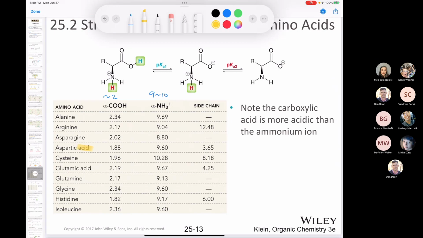For example, let's say you have aspartic or glutamic acid. Well, the pKa's of their side chains are pretty low as well because they're carboxylic acids. Whereas if you take something like arginine, which is basic, the pKa of its side chain is really high, right? Because it's a basic side chain.